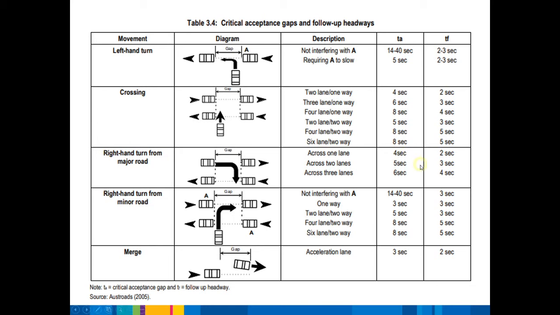You might be able to see in here we have a 2-lane 2-way traffic stream, and we are crossing. So we should be able to see that the critical acceptance gap time, it's this one, 5 seconds. Please let me know if you have any questions, but I'll move on.